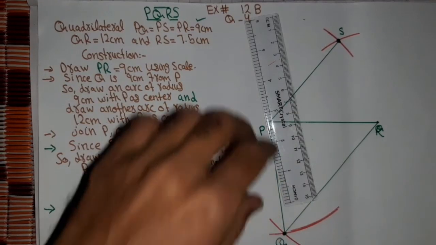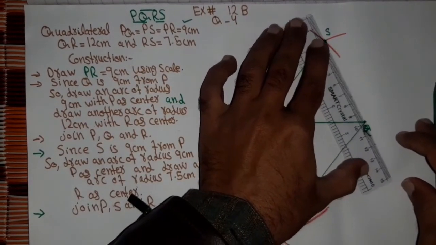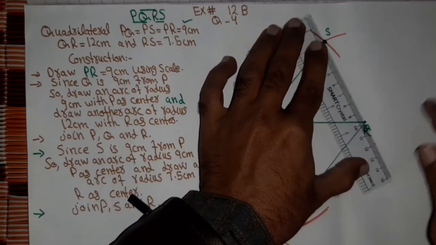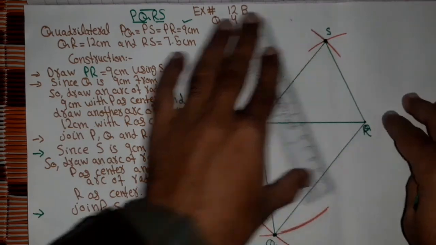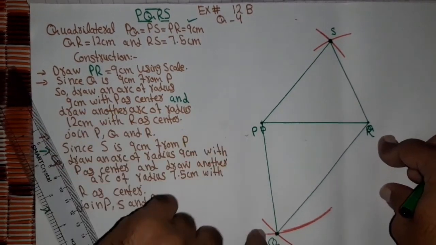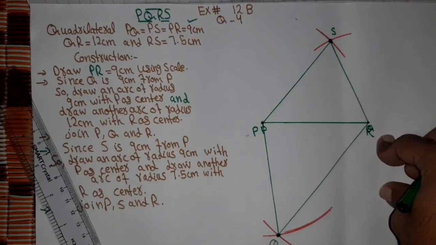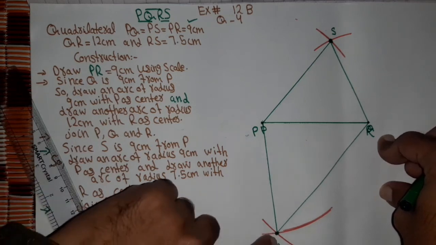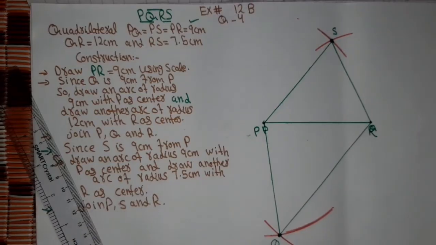Similarly, join S and R. So this is our given quadrilateral PQRS. We have to find angle QPS.